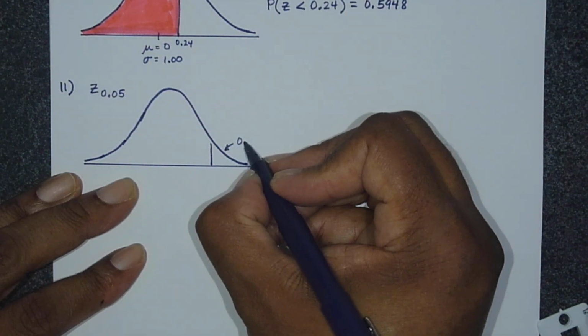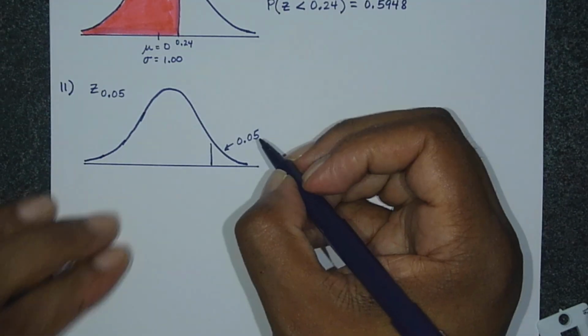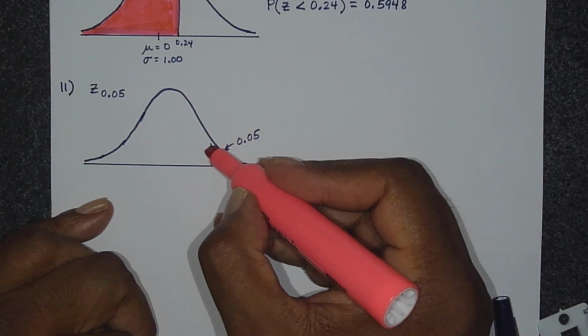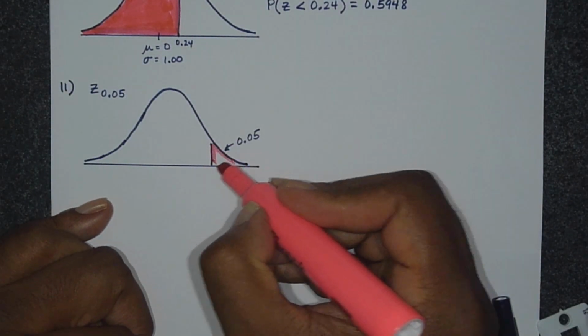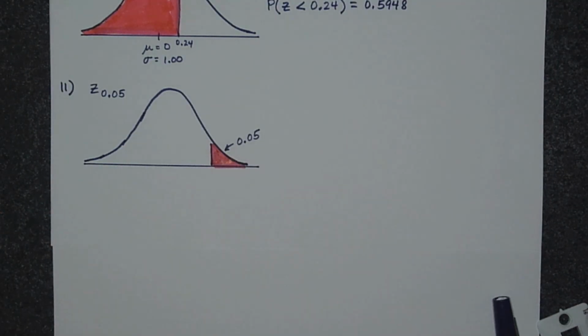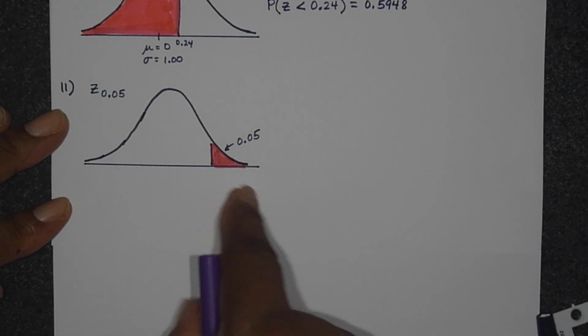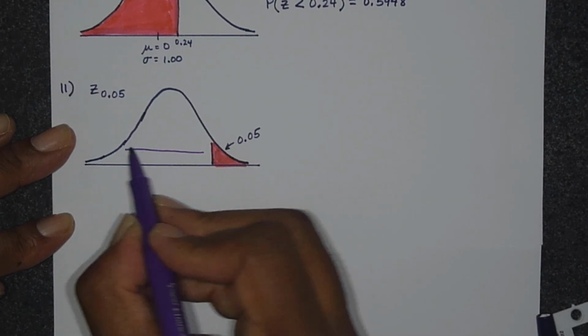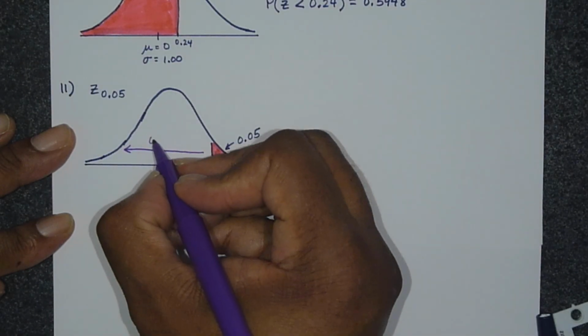So that 0.05 is this part, the area to the right, and we want its critical value. But if we're going to use table A-2, it calls for the cumulative area from the left. So if this area to the right is 0.05, what must this area to the left be? 0.95.